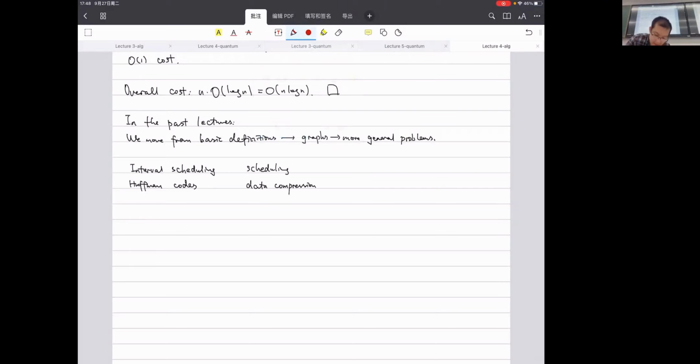And as we discussed, scheduling, data compression, etc., they are actually super useful. Both from a practical side and also from a theoretical side, people have been developing a lot of algorithms correspondingly. So I want to emphasize again the applications in both theory and practice.